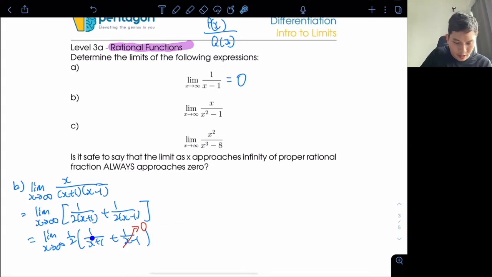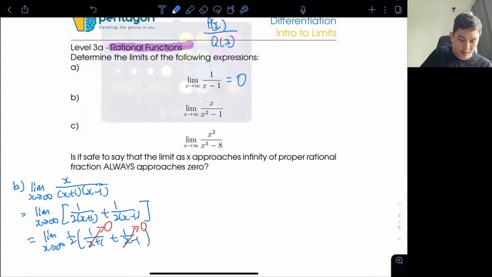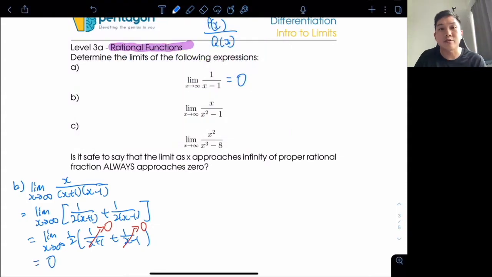As x becomes larger and larger, x plus 1 becomes larger and larger, then this whole fraction is going to go towards 0. Okay. So inside the bracket, I have 0 plus 0. Then you know what? This whole expression is going to approach 0. Okay, so the answer for part B is also 0.